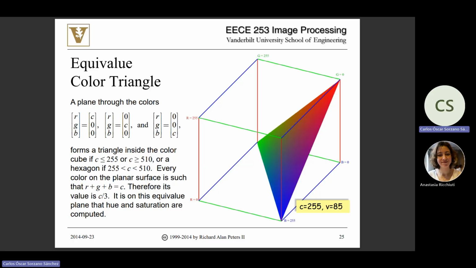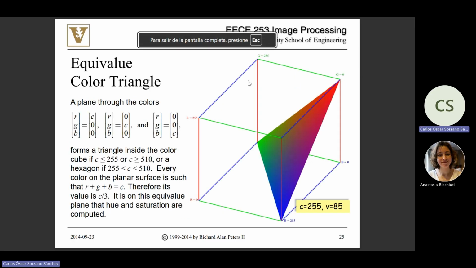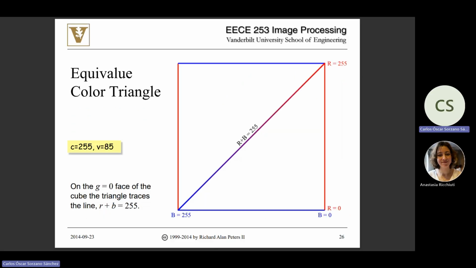So then, let's look at, for instance, this side of the cube. Let's look at only this side. On this side, the origin is there, this is the blue axis, and this is the red axis. And then we look at the intersection between, so what is the equation of that plane?